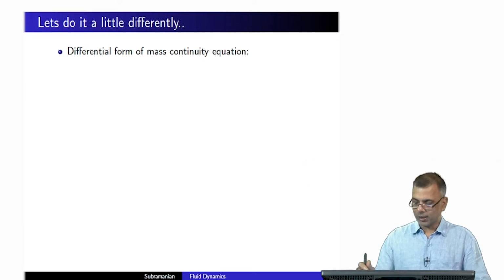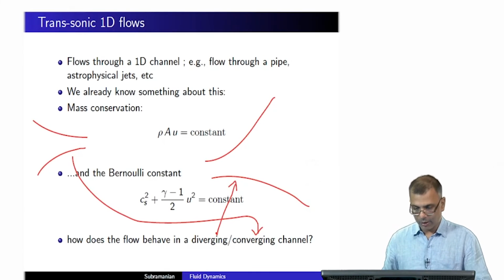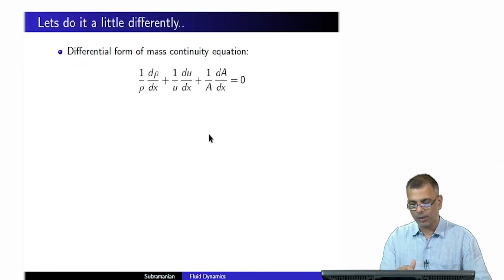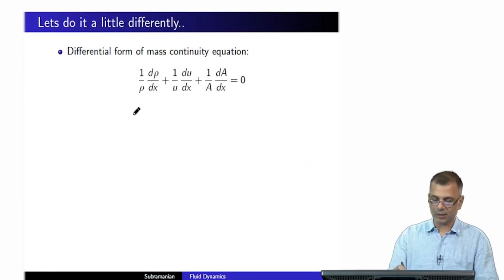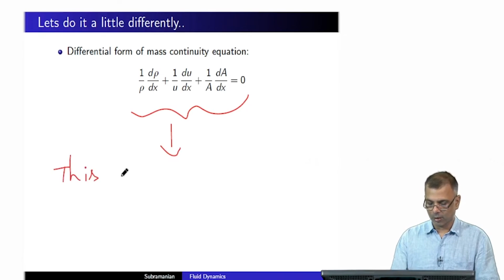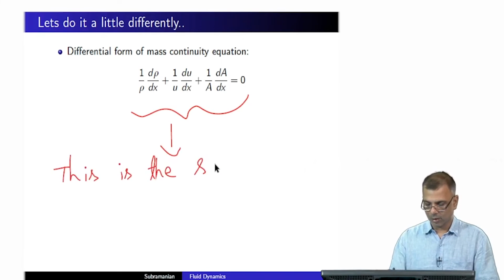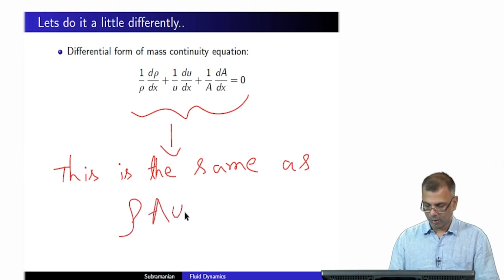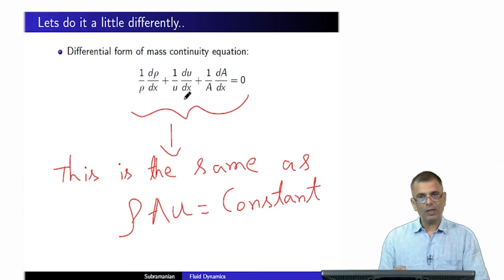Instead of writing rho A U equals constant, how about writing it down like this? This, I emphasize, is the same as that. Can you see how this is so?